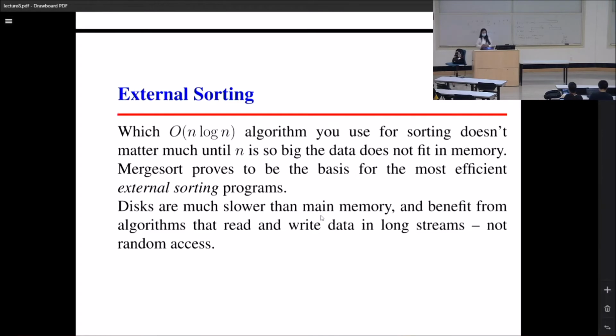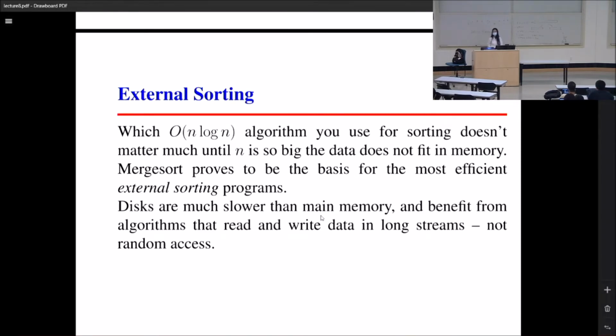When we are talking about sorting algorithms, usually we are talking about internal sorting, which means that the sorting operation is performed in the memory, or you can say in the RAM. So it is very fast. But what if the thing that we want to sort is too large to be put in the memory?